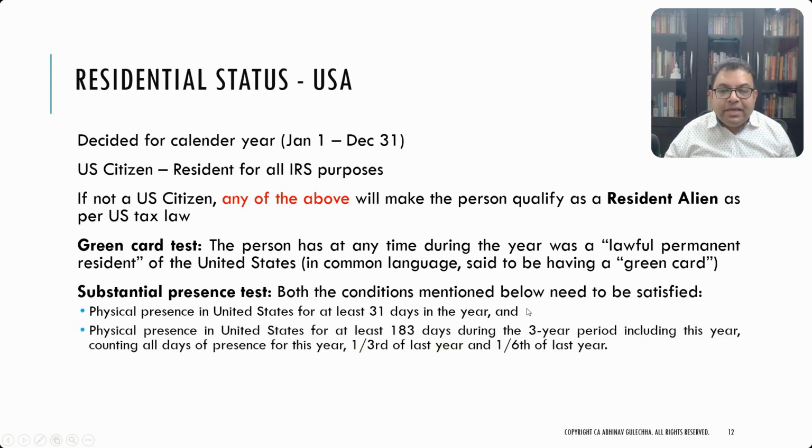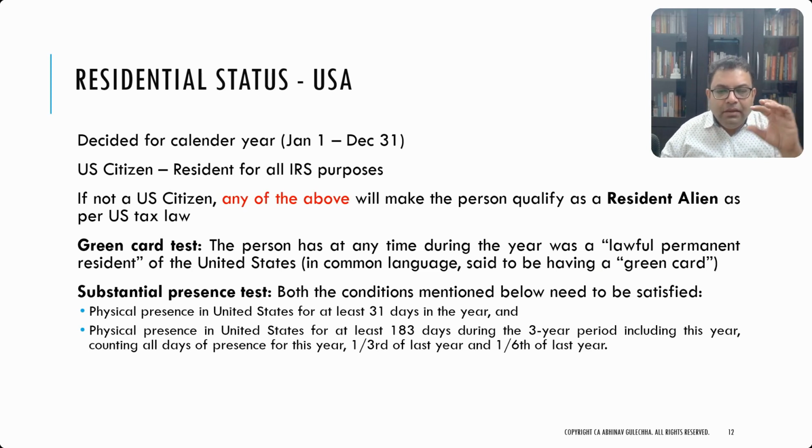Second, physical presence in the United States for at least 183 days during the 3-year period including this year, counting all days of presence for this year, one third of the days from the last year, and one sixth of the days from the year before that. Now this is a bit tricky. In Indian tax law, Section 6 is very clear that if you're there for more than 182 days, you qualify as a resident. However, in US, this substantial presence test has two conditions, and both need to be satisfied for the person to clear the substantial presence test.